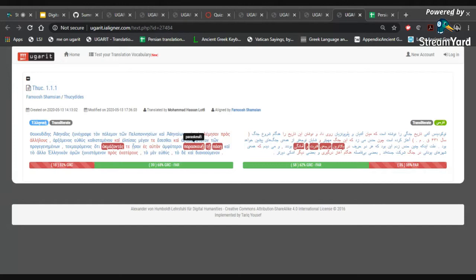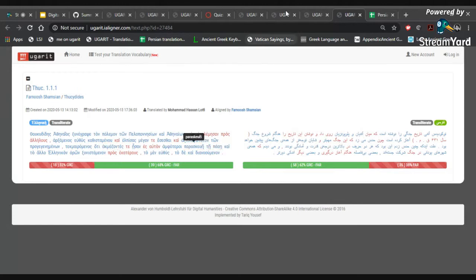So it would be interesting for me to see what the result would be if we were aligning a direct translation that would match the Greek text.